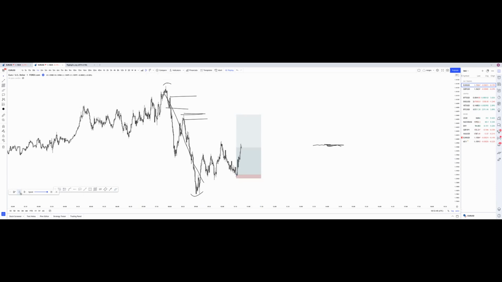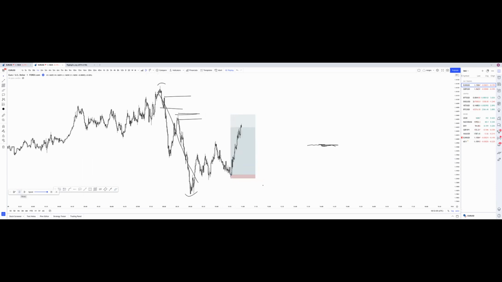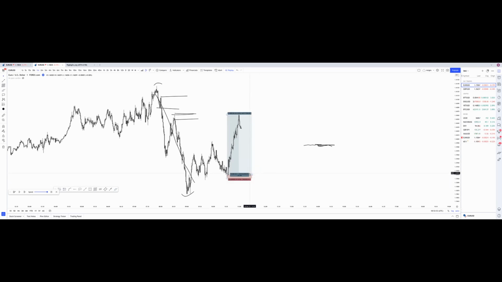It's a really good trade. If you were a proper smart ass and decided to take the EQ of the wick, or some nonsense like that, well, not nonsense, it's good to do that sort of stuff, and you had like a pip of stop, right?